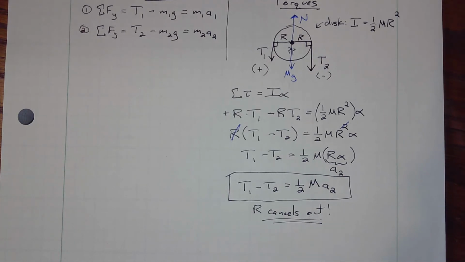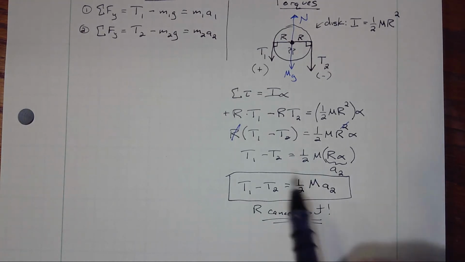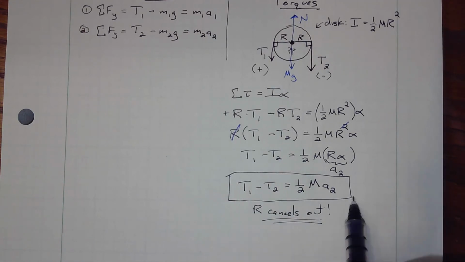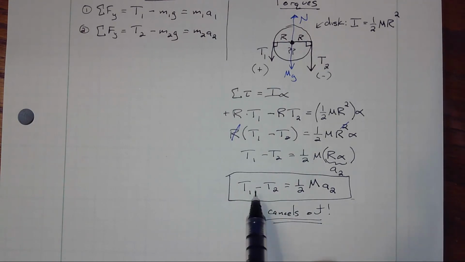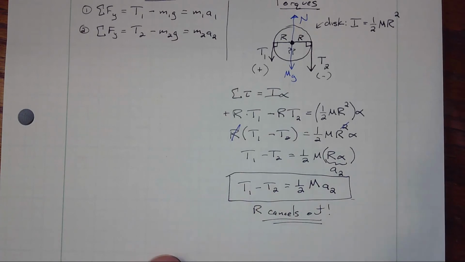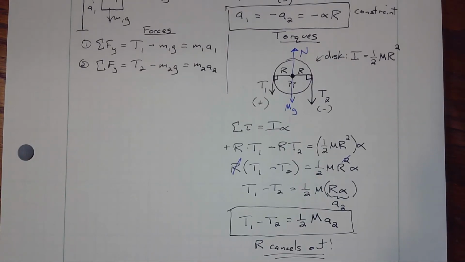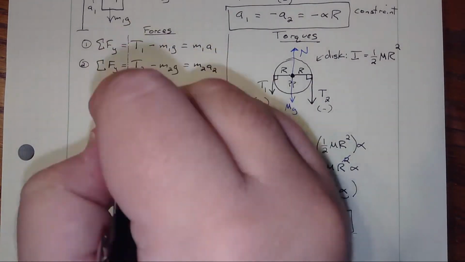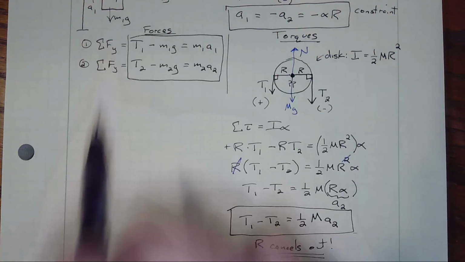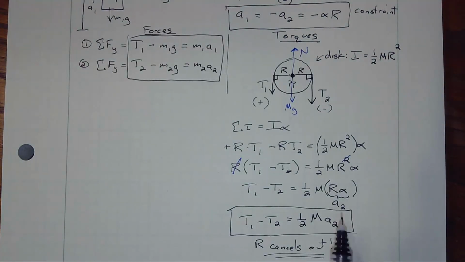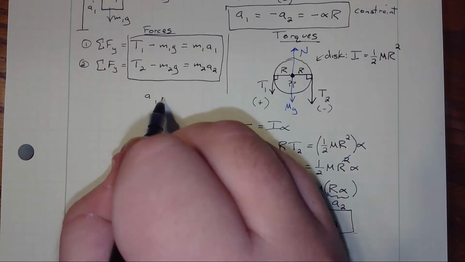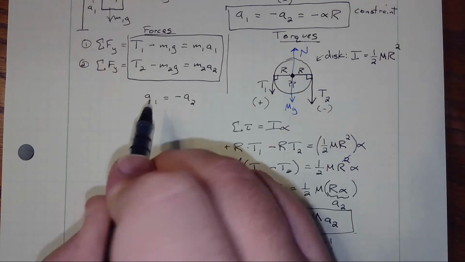Now, notice that the work still isn't completely done, but I'm going to let you take it from here. Just summarizing where our equations came from: our torque equation was this, and we had our force equations, which are up here. We already used one of our acceleration constraints, and we can use the other constraint, that a1 is equal to the negative of a2.